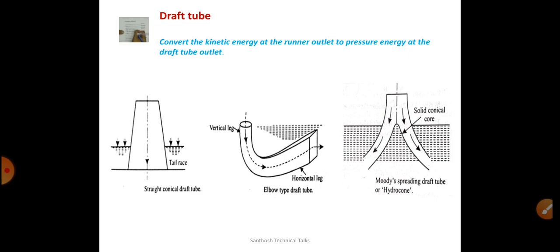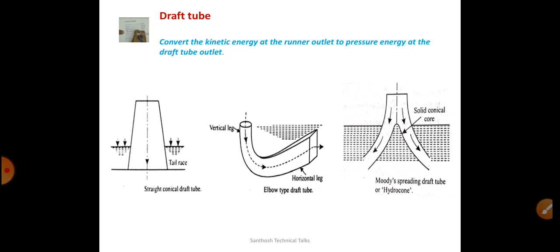Okay, what is the purpose of the draft tube? It converts the kinetic energy of the runner outlet into pressure energy at the draft tube outlet. Since the draft tube has an increasing area, we know the relationship between area, pressure and velocity.